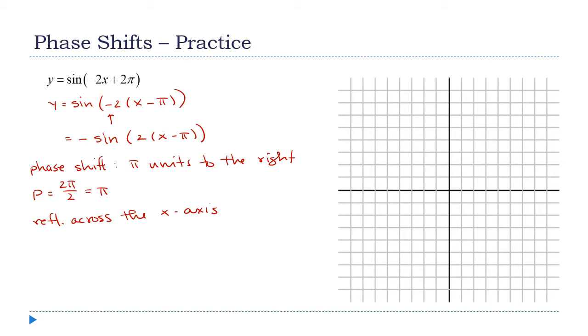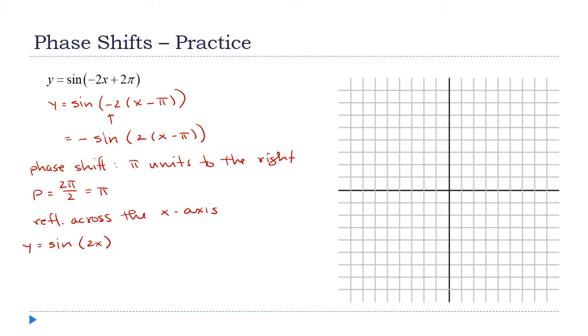All right, so I'm going to start by graphing y equals sine of 2x. Okay, so the sine function starts at 0. It's 0 again at pi, and it's 0 again at 2 pi. Whoops, I'm sorry, I was doing 2 pi again.